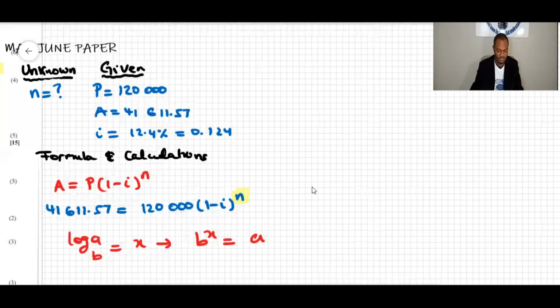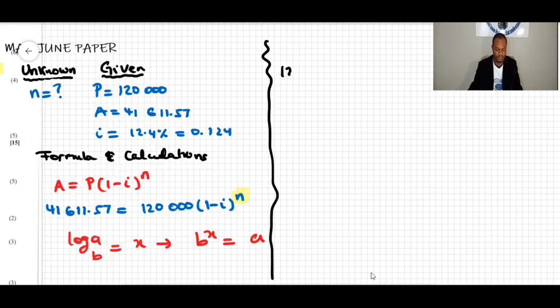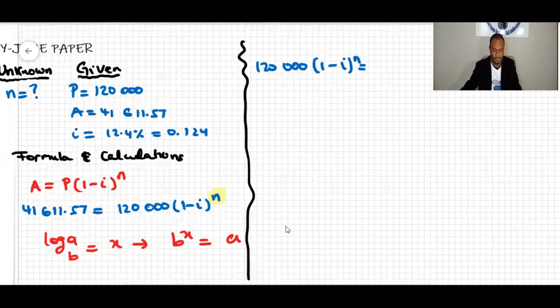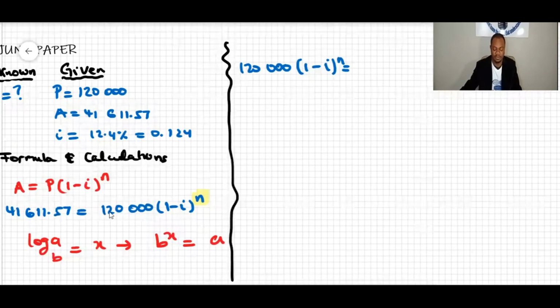In other words, maybe we can see it better if I reverse the order. We have 120,000 times (1 minus i) to the power of n equal to 41,611.57. I just reverse this order, okay?